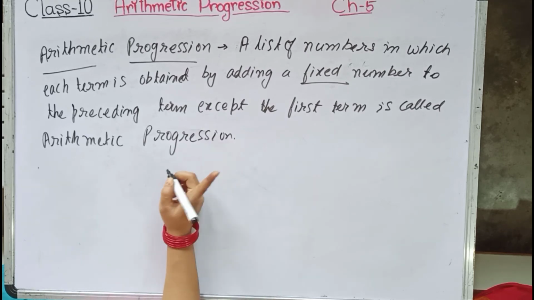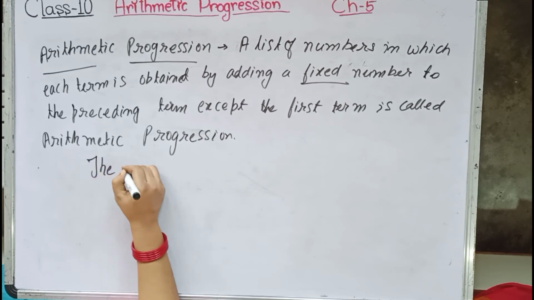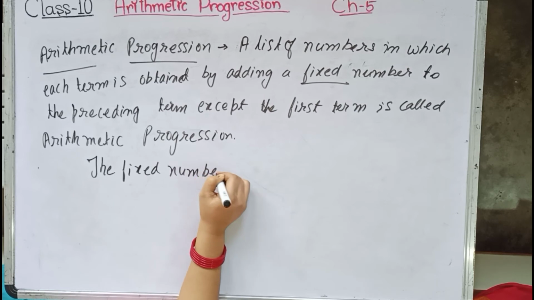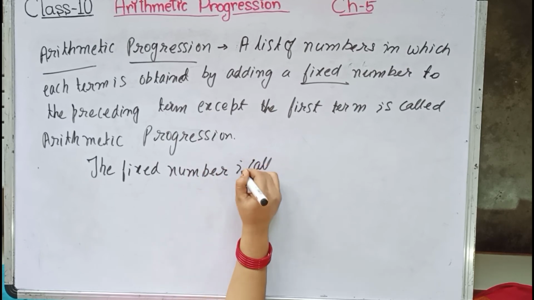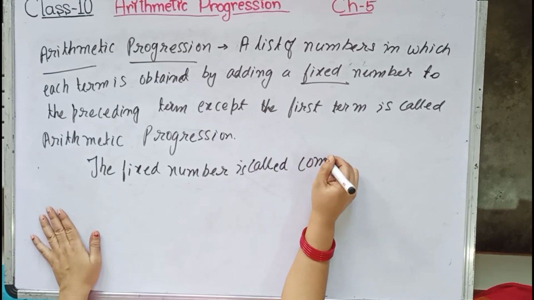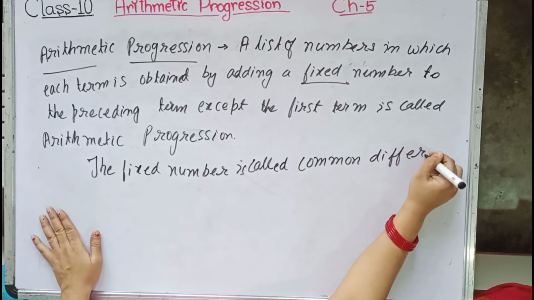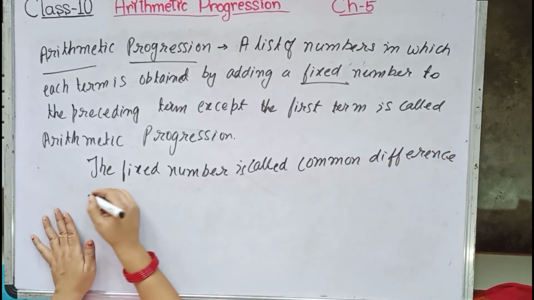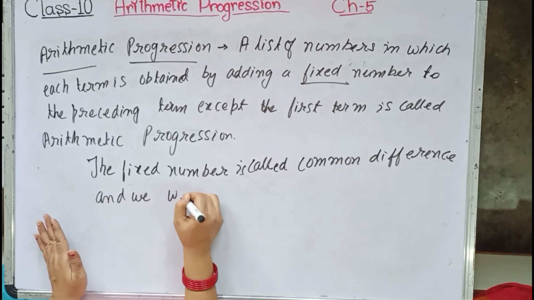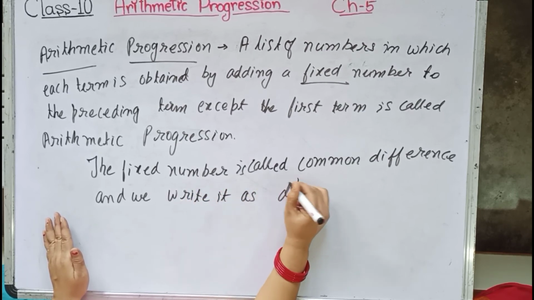Clearly, the fixed number which we are adding throughout is called the common difference. And we write it as small d.